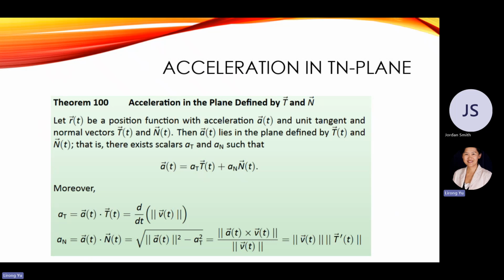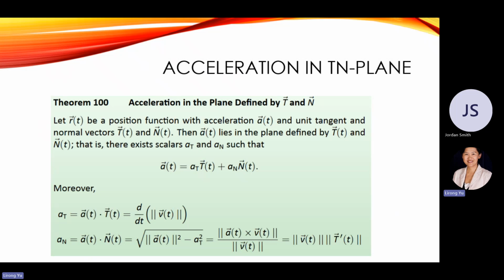Down here we have a_T equal to the acceleration function multiplied by the unit tangent vector, which is also equal to the derivative of the speed; the magnitude of velocity is speed, so the derivative of speed. Because after all, a_T represents how fast the speed is changing, right? This part, a_T T, only changes the speed, and a_N N changes the direction.